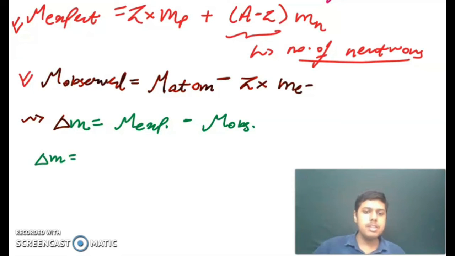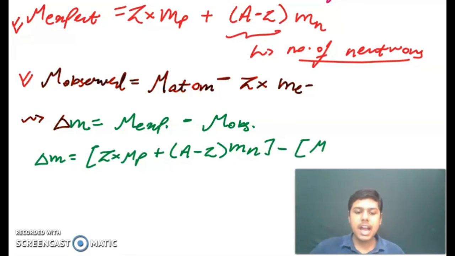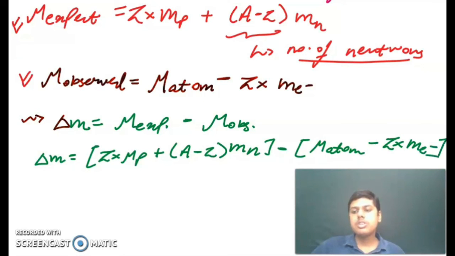Delta M is equal to atomic number multiplied by the mass of protons plus A minus Z, that is the number of neutrons as I stated here, into the mass of neutrons, minus the mass of atom minus Z into the mass of electrons.